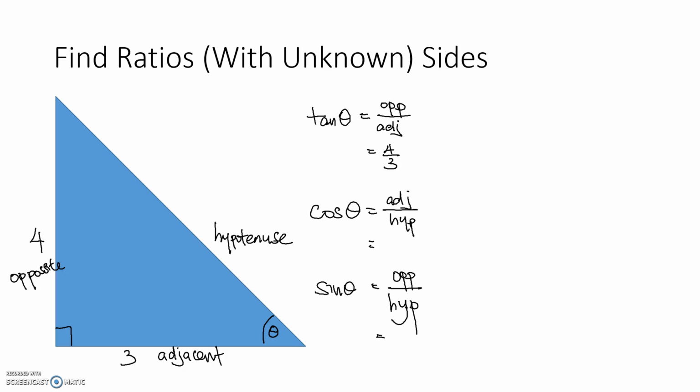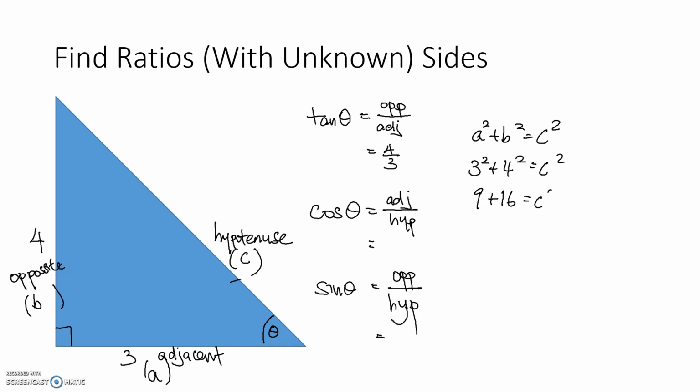In this case, we are given the adjacent and the opposite. We can label this A for reference, and this side is B, and the hypotenuse we label as C. By the Pythagoras theorem, we know that a squared plus b squared equals c squared, where a squared is 3 squared plus b squared is 4 squared equals c squared. 3 squared is 9, 4 squared is 16, so 25 equals c squared.